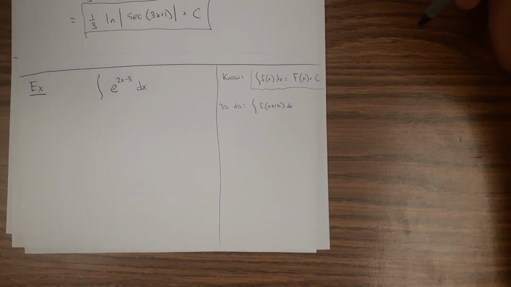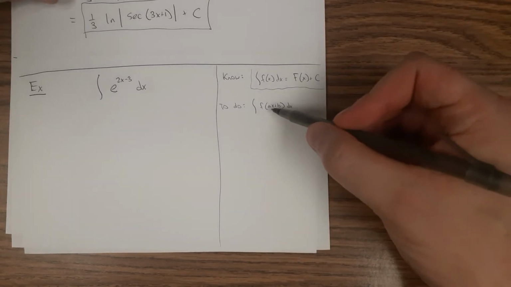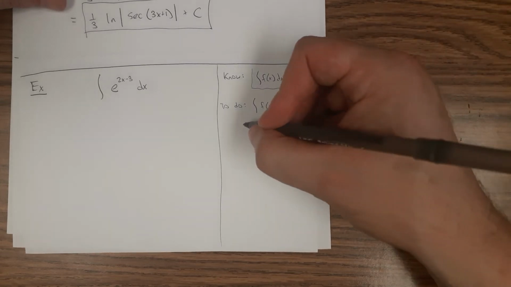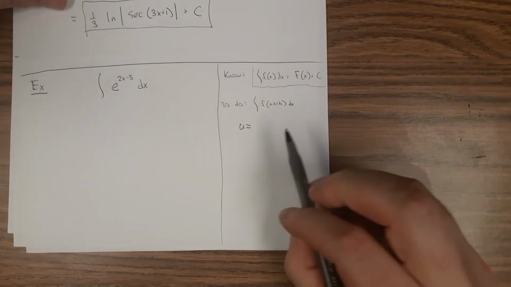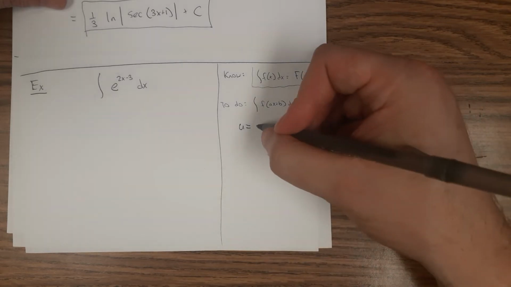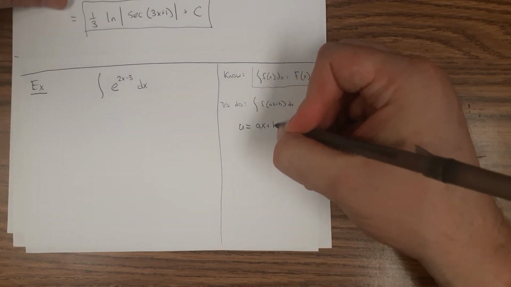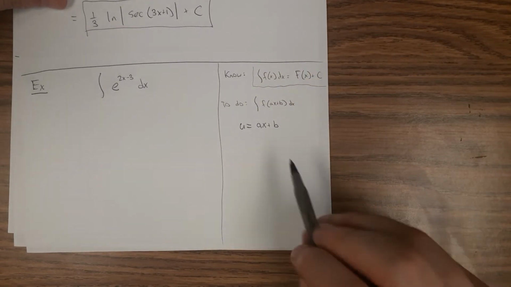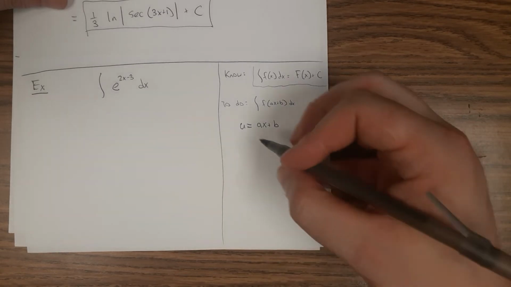There's a shortcut to do this. I'm going to go ahead and show all the work right now because we're doing u substitutions. What would I want to do? Standard advice is to let u be the inside of a composite function. So I'm going to let u be ax plus b.